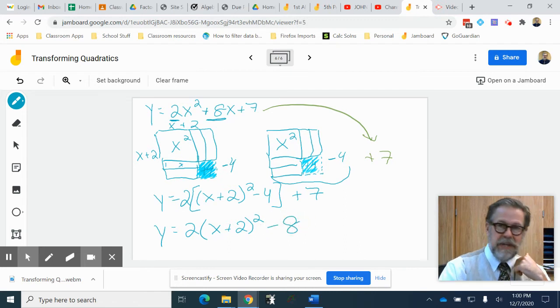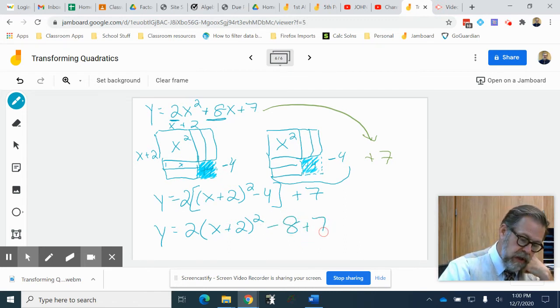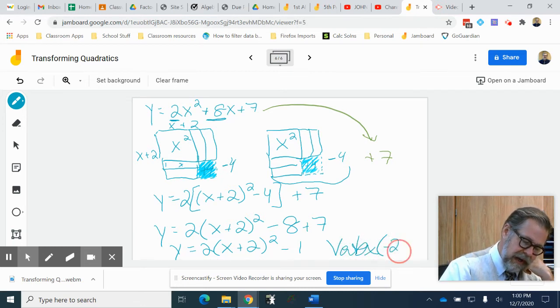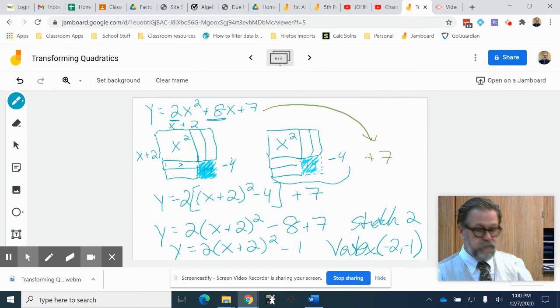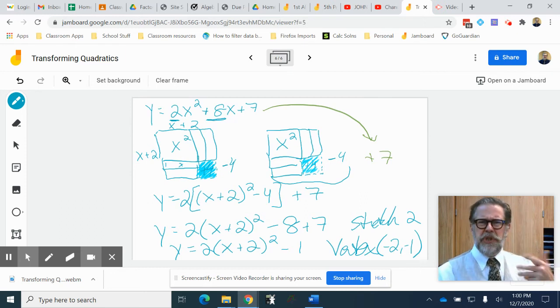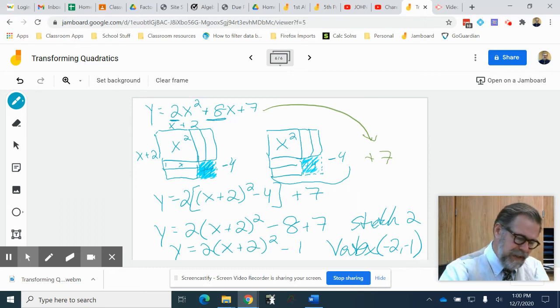I've got 8 that I subtracted for balance. And simplifying one step further, I've got 2 times (x plus 2) squared minus 1, which tells me that the vertex of this parabola is at negative 2 comma negative 1, and it has a stretch factor of 2. So that's geometrically.